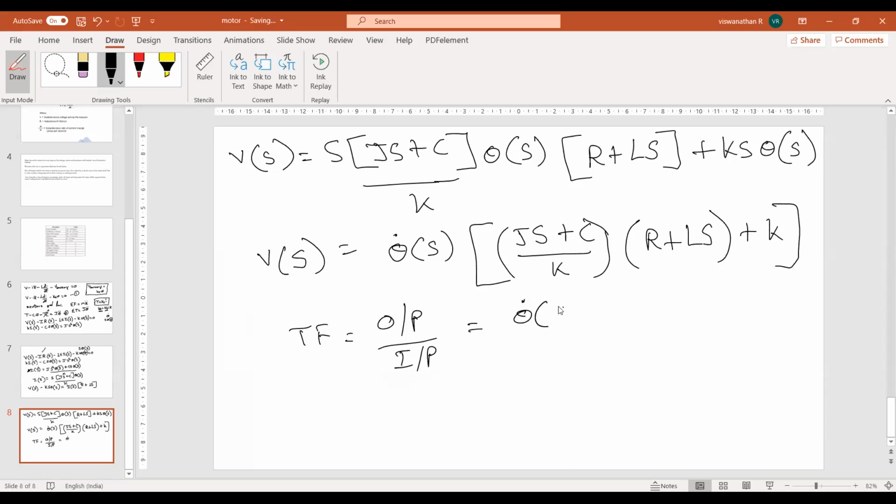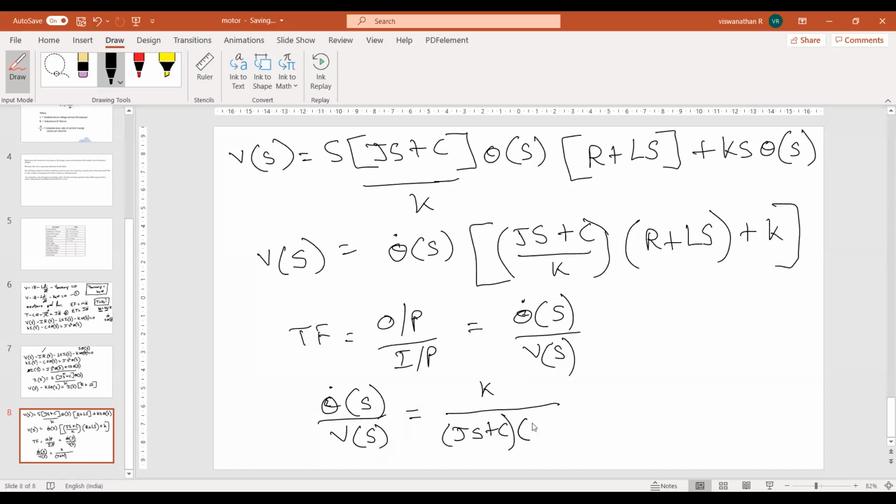It is theta dot of s, the angular velocity, and the input is the voltage. So theta dot of s divided by V of s is equal to K divided by (Js plus C) multiplied by (R plus Ls) plus K square.